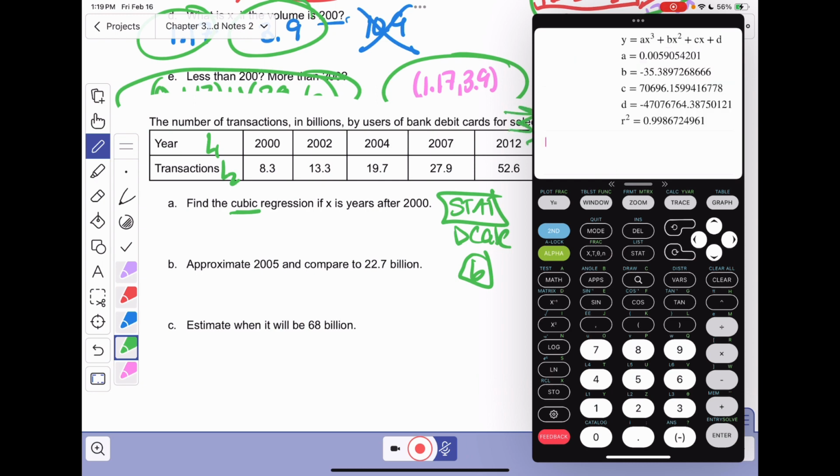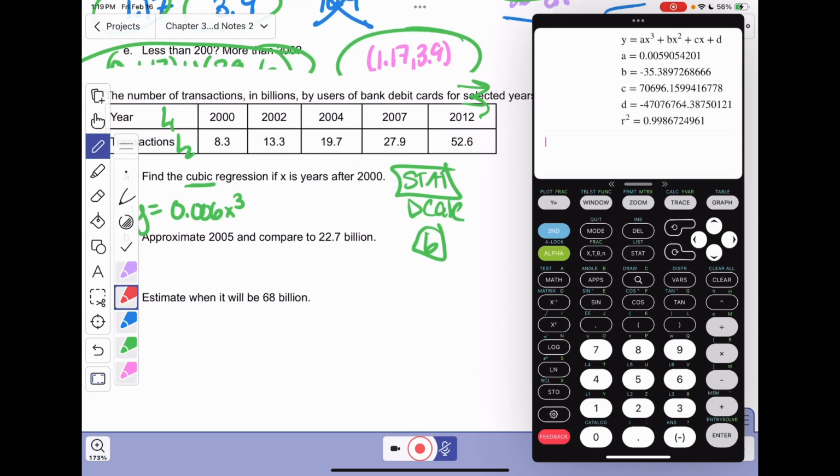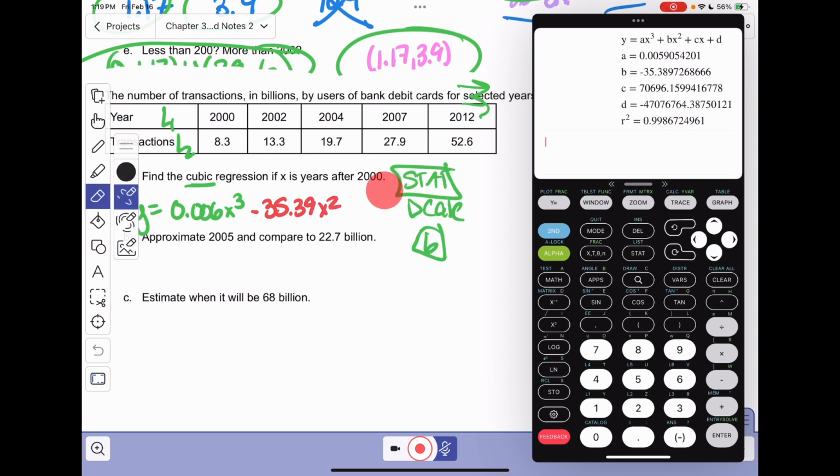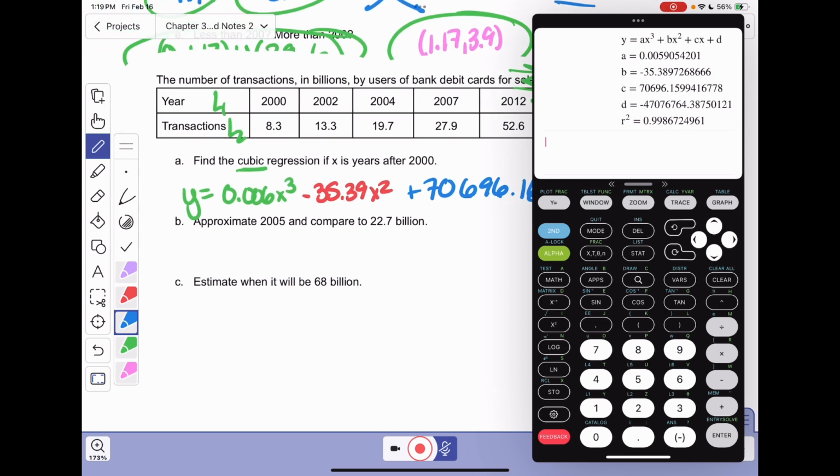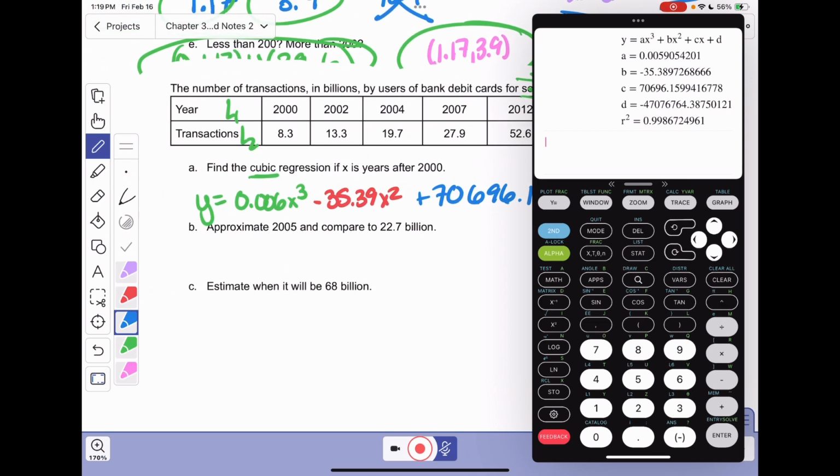Hit enter, and we get a = 0.006 x cubed plus b, which in this case is minus 35.39 x squared, plus c, which is 70,696.16. That's if we enter those years as our number.